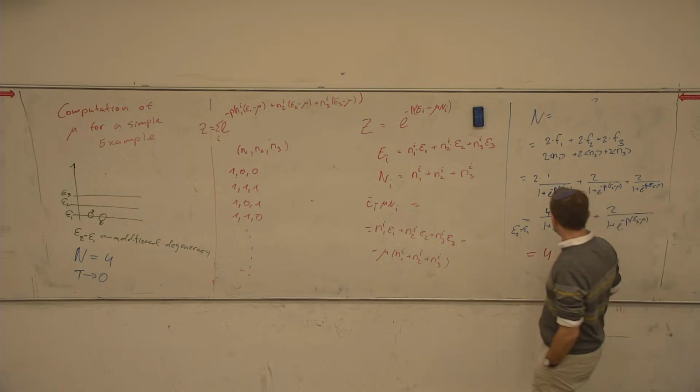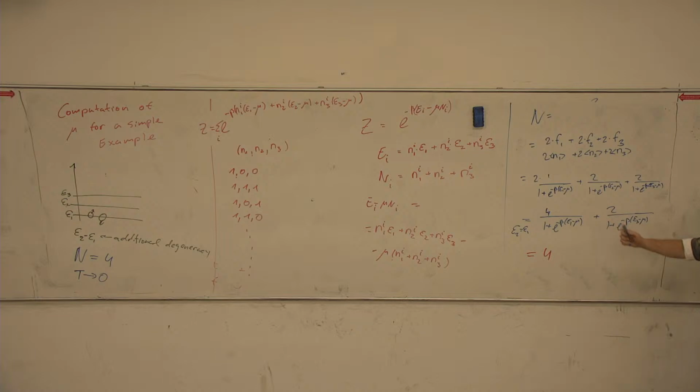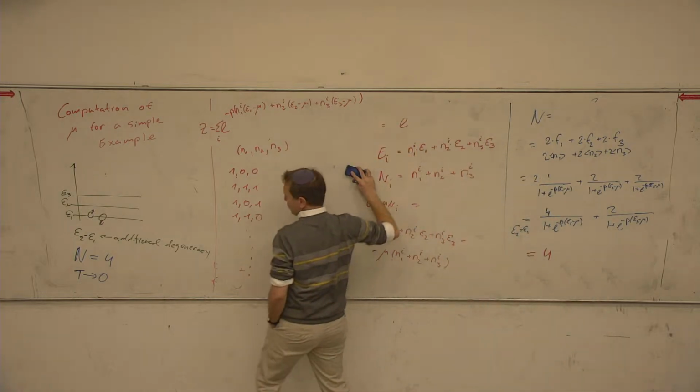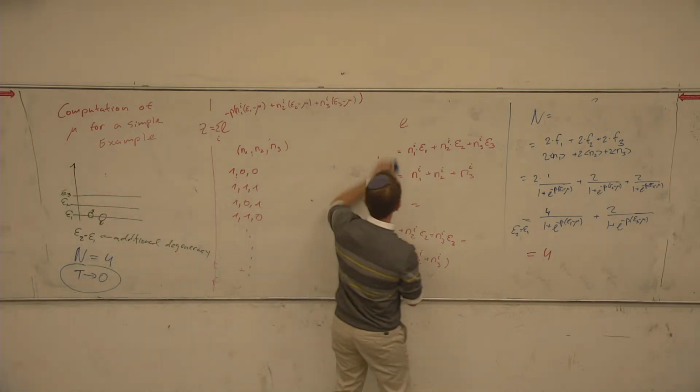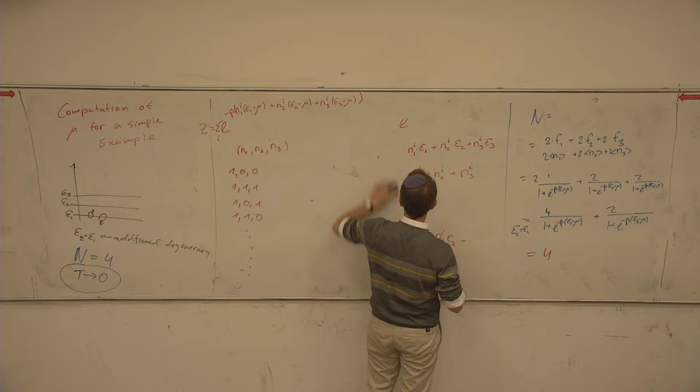Okay, so let's look at this expression, 1 over 1 plus e to the minus beta (epsilon i minus mu). We're living in this T to 0 limit. So beta is a big number.